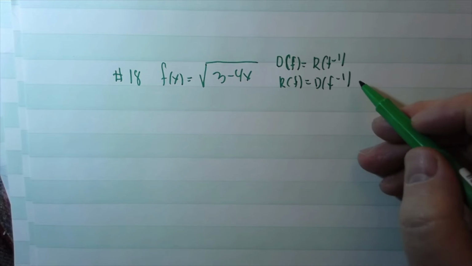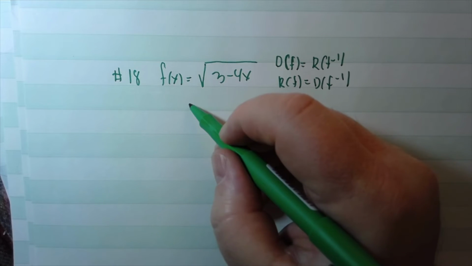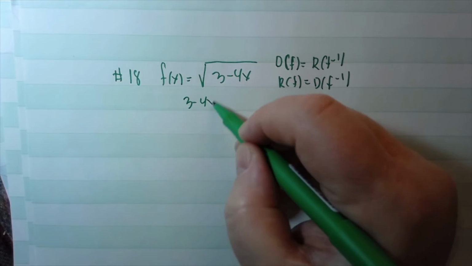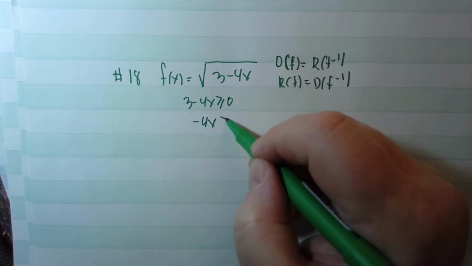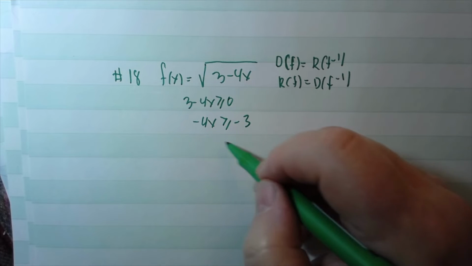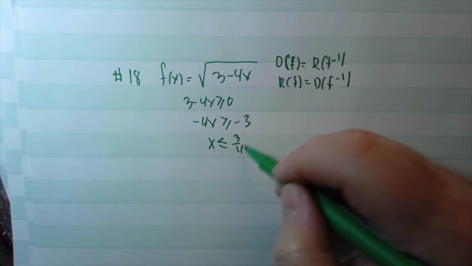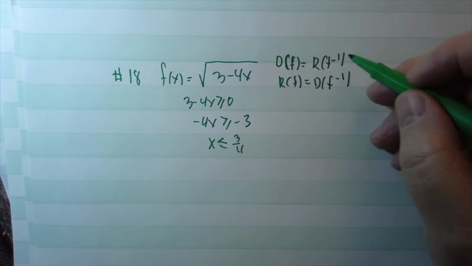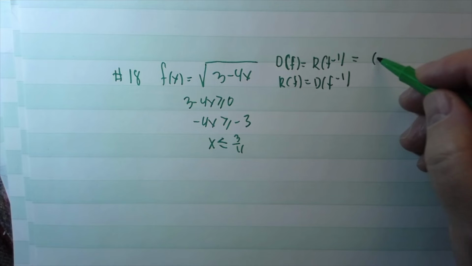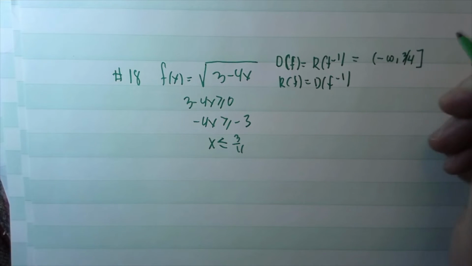So kind of the key thing here is we know what this domain is just by what's natural, right? We can just say 3 minus 4x has to be greater than or equal to 0. Subtract 3 over to the other side, divide by a -4, and we switch this around, we get x less than or equal to 3/4. So we know that the domain, which is the range of our inverse function, is -infinity to 3/4.